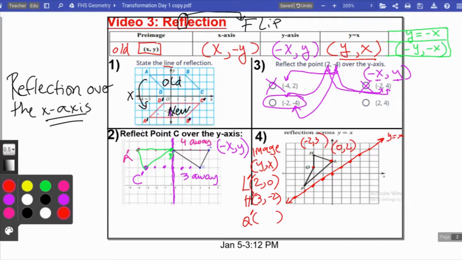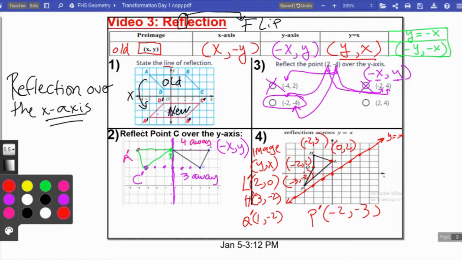It's located at -2, 1. Switch them: 1, -2. You with me? All right, P prime. Where is P located? -3, -2. Switch: -2, -3. That's it.